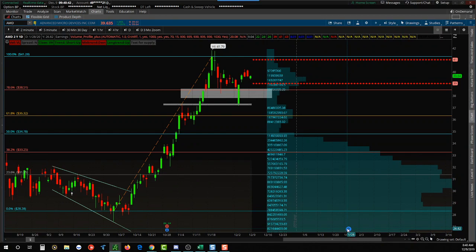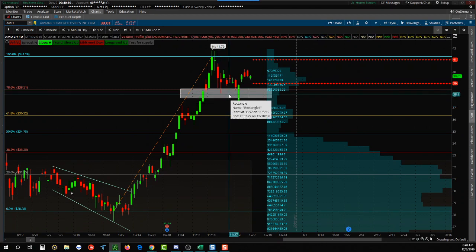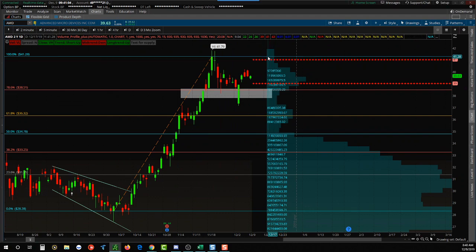That's far enough out that you could easily get paid in multiple spread strategies. Before this had gapped down, my thesis last week was that this was going to come down, test the 786, and rally back out of it.